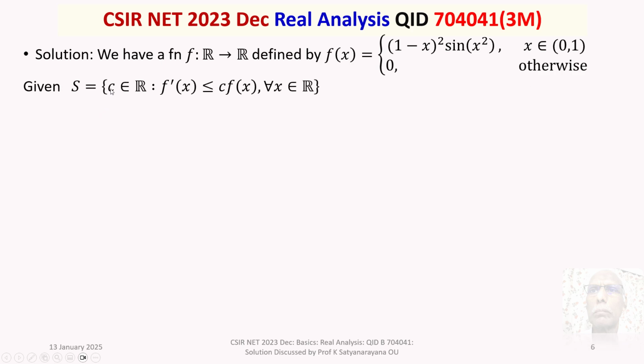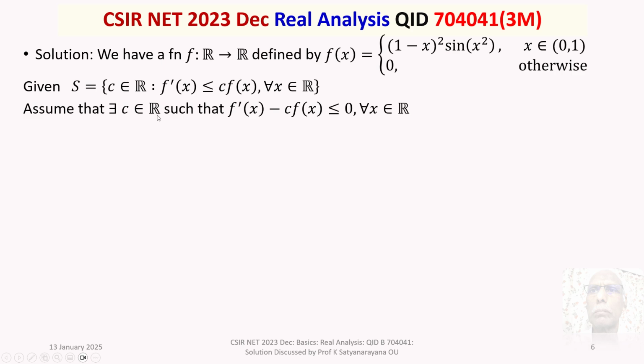Given S is the set of all those real numbers C satisfying f prime x less than or equal to C times f of x for all x belongs to R. Now, assume that there exists a C belongs to R such that f prime x minus C times f of x is less than or equal to 0 for all x belongs to R.